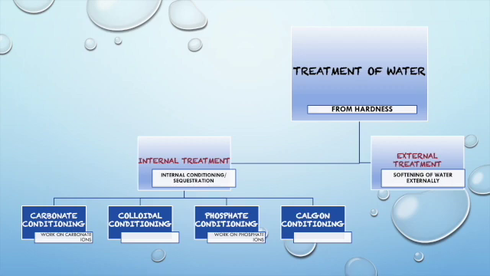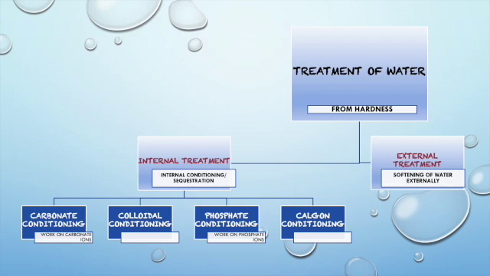As the name suggests, some condition is created with the help of phosphate ions. And then the Calgon conditioning, wherein the precipitate is formed by using a chemical commercially called Calgon. So these are basically the four main types by which internal treatment of water can be done.